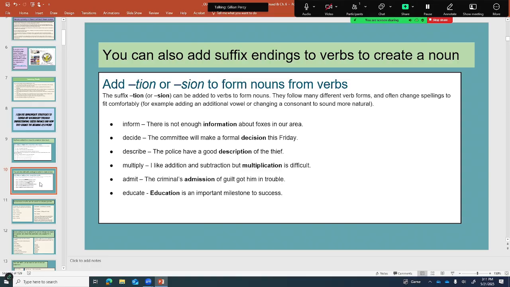So inform can become information, decide, decision, describe, description, multiply, multiplication, admit, admission, educate, education. So that's an example of how you can change it. Basically, it's because you're wanting to talk about the concept of that action, right?